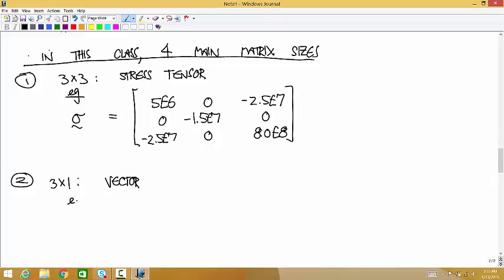So, for example, a force vector would be like this. And that represents the x component, y component, and z component of a force vector.